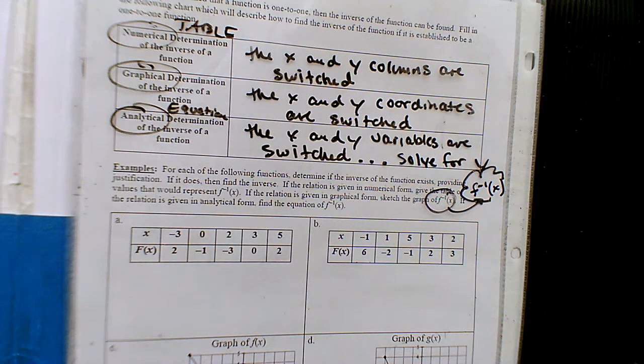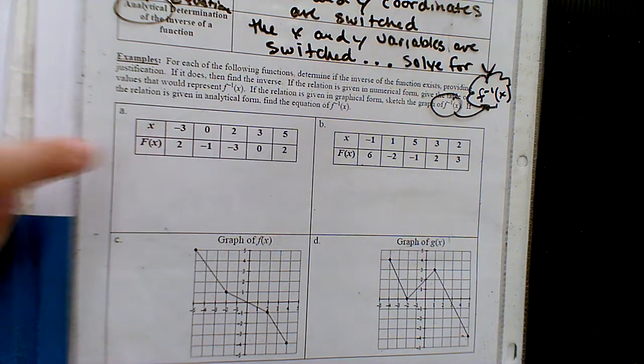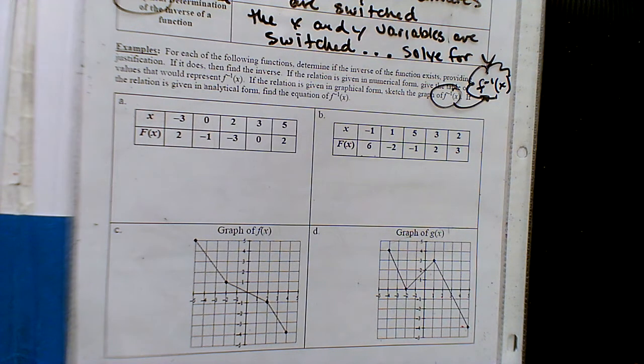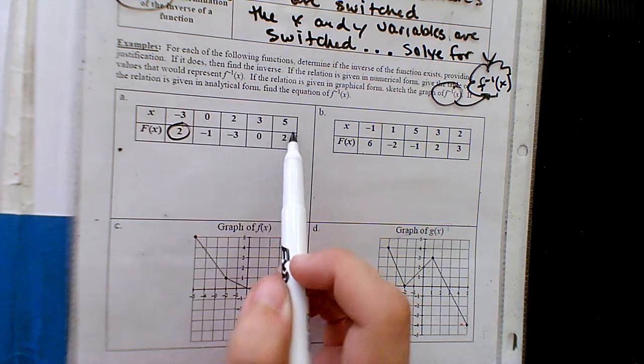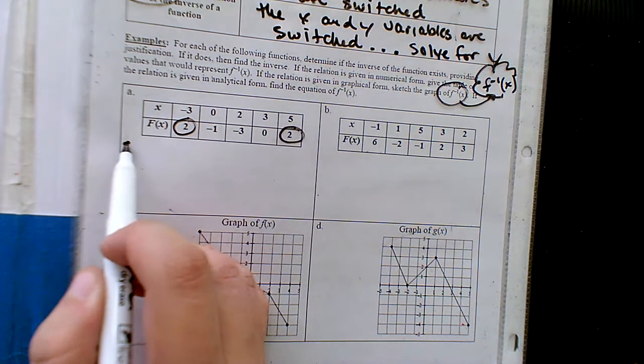So after all these strategies we wrote down, let's go ahead and try some of them. Taking a look at our first table here, can we determine if this table is 1 to 1? Do you see any repeating? What do you think, Emma? Yes, because the 2 is repeating. So if we have repeating y values, is it 1 to 1?